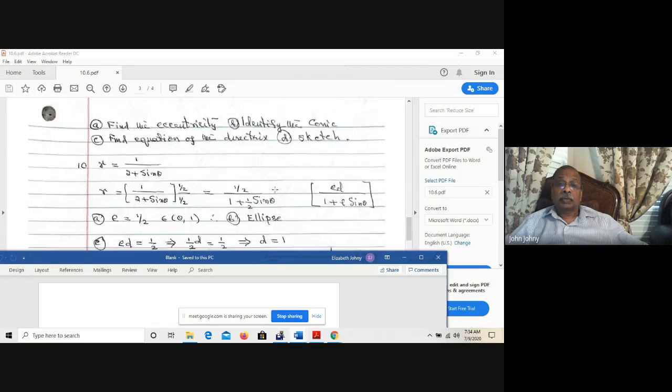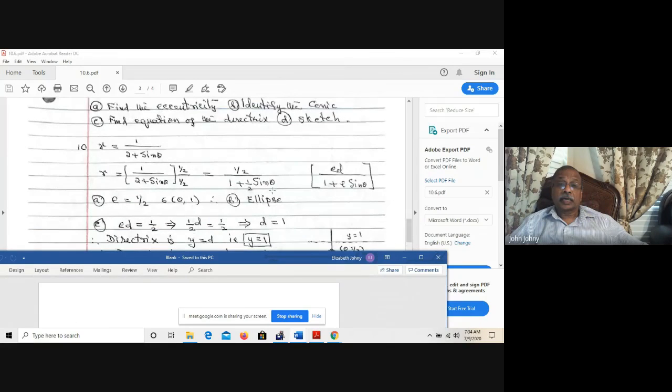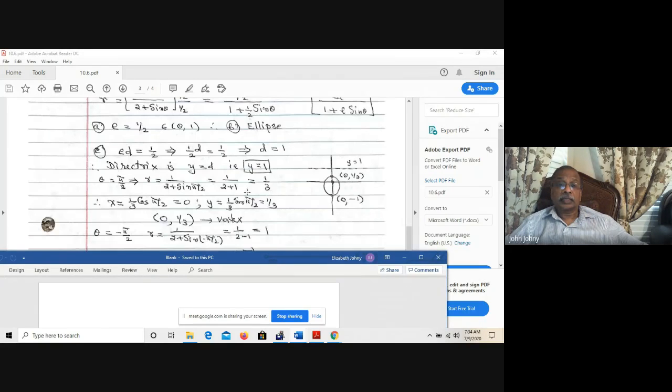And now you are asked to sketch the graph. What we did is set theta equal to pi over 2. So r is equal to 1 over 2 plus sine pi over 2, that is 1/3. So x is r cos theta, that is 0, and y is equal to r sine theta, that is 1/3 sine pi over 2, which is 1/3.